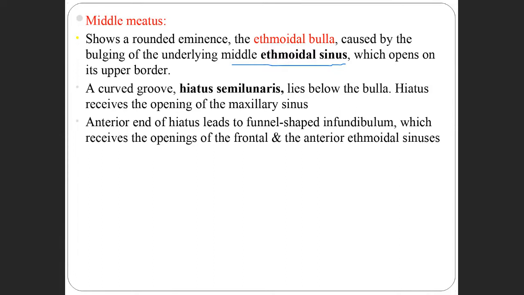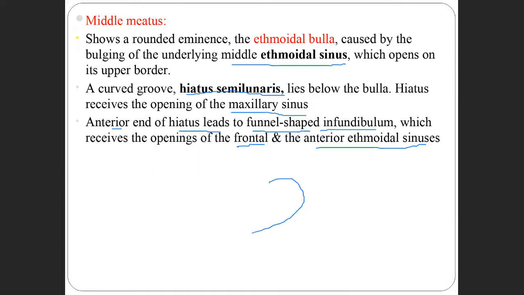Below this is a hiatus, which receives the opening of the maxillary sinus. The anterior end of the hiatus is a funnel-shaped infundibulum, which receives the opening of the frontal and anterior ethmoidal sinus.